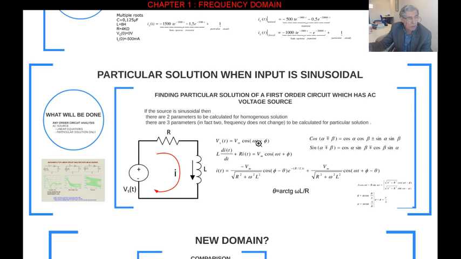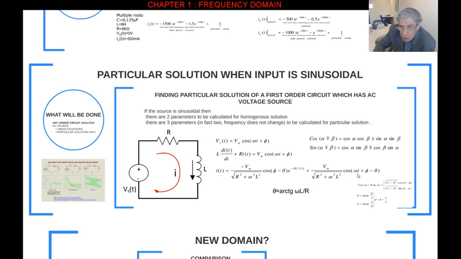The derivative of a sinusoidal function is another sinusoidal function of which the frequency does not change. Therefore, for these elements, currents and voltages, sinusoidal functions, the frequency is going to be the same as this independent voltage source frequency. So I do not need to calculate this frequency because I know that it is equal to the source frequency. What is left is the amplitude and the angle.